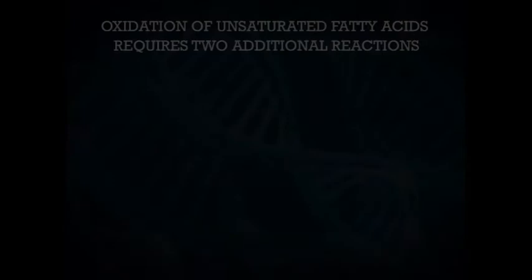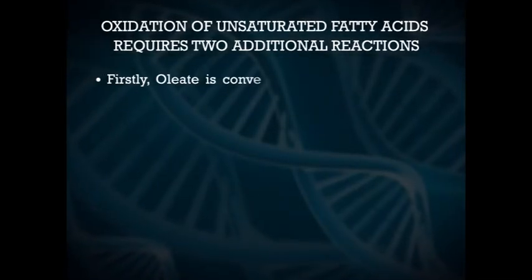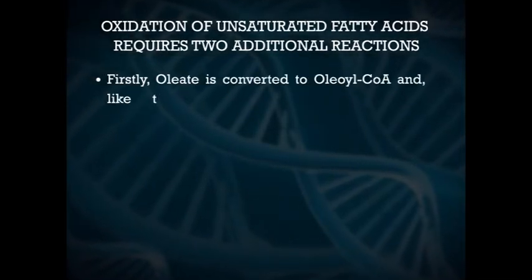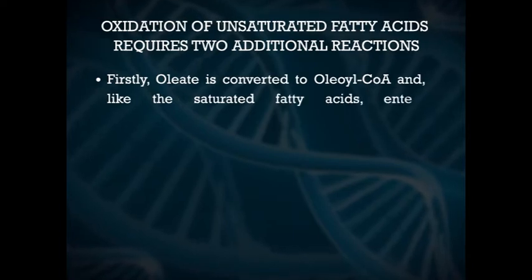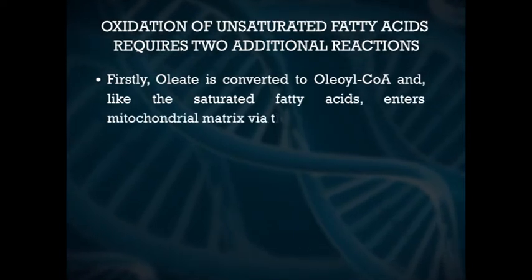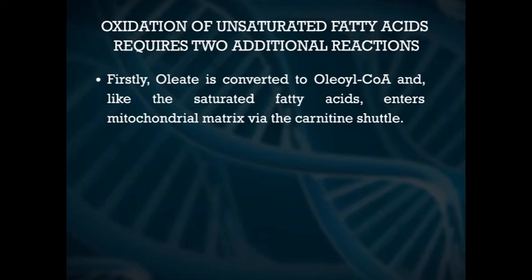Now, for study of unsaturated fatty acid beta oxidation, let us take an example of oleate, which is an 18-carbon monounsaturated fatty acid with a cis double bond between C9 and C10, also denoted as delta 9. Firstly, the oleate is converted to oleoyl-CoA and, like the saturated fatty acids, enters the mitochondrial matrix via the carnitine shuttle.